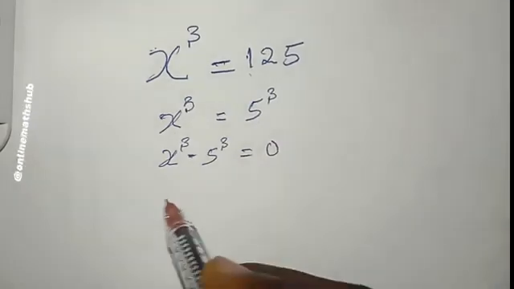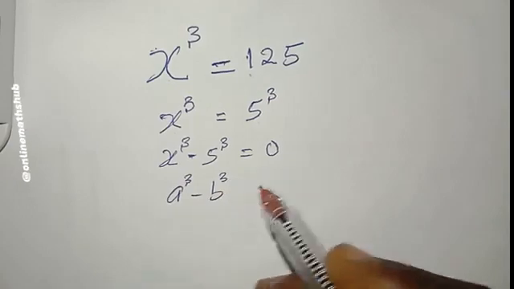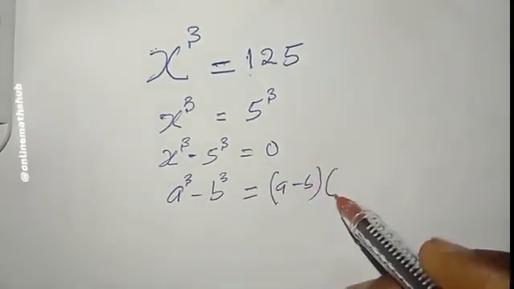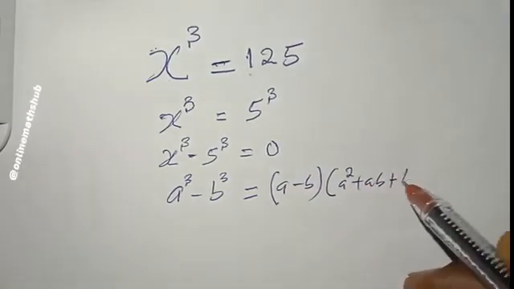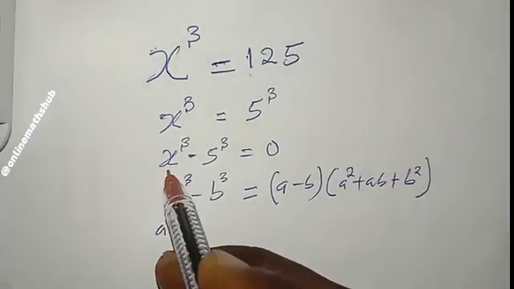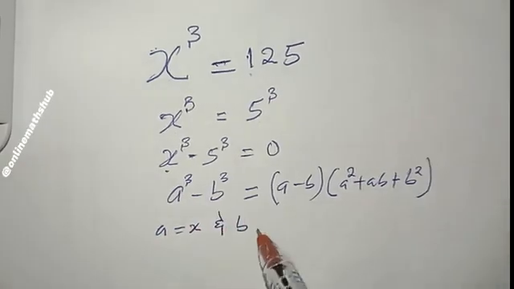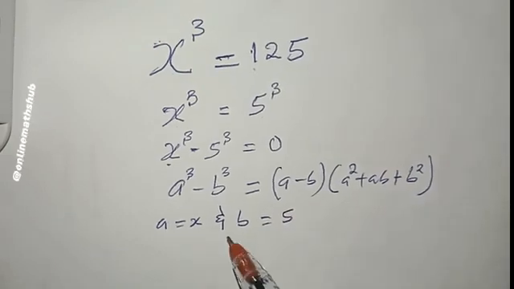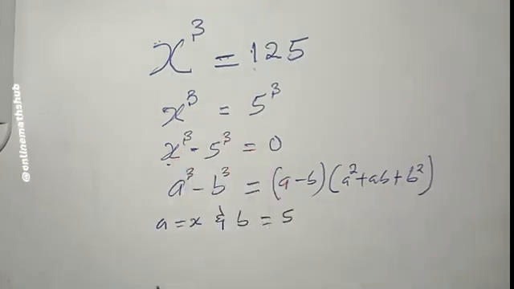And then next, you can remember that a power 3 minus b power 3, you can expand this to be a minus b, multiplied by a squared plus ab plus b squared. In this case, you can see that our a is equal to x and our b is equal to 5. So I'm going to use this expansion rule to expand what we have right here.